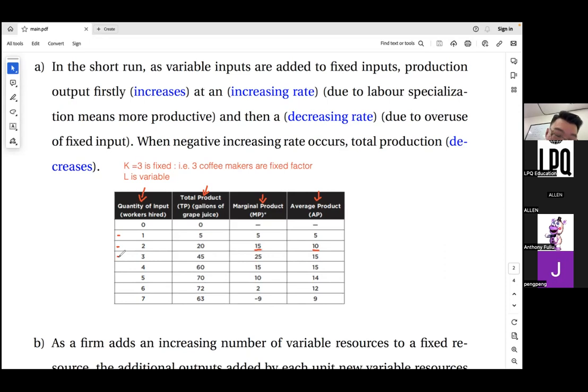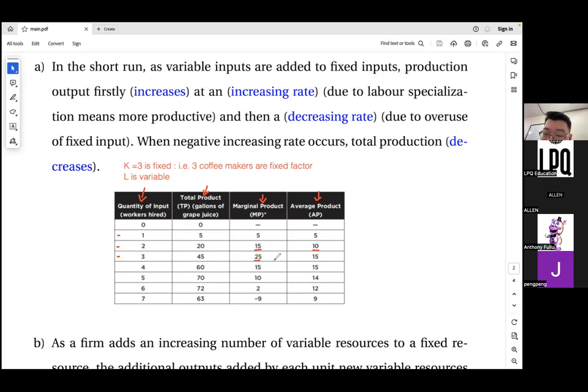Okay, let's do one more calculation. When you get the third unit of labor, now you have 3 workers, so totally they can produce 45. Next step, you do 45 minus 20, so the marginal production is 25.